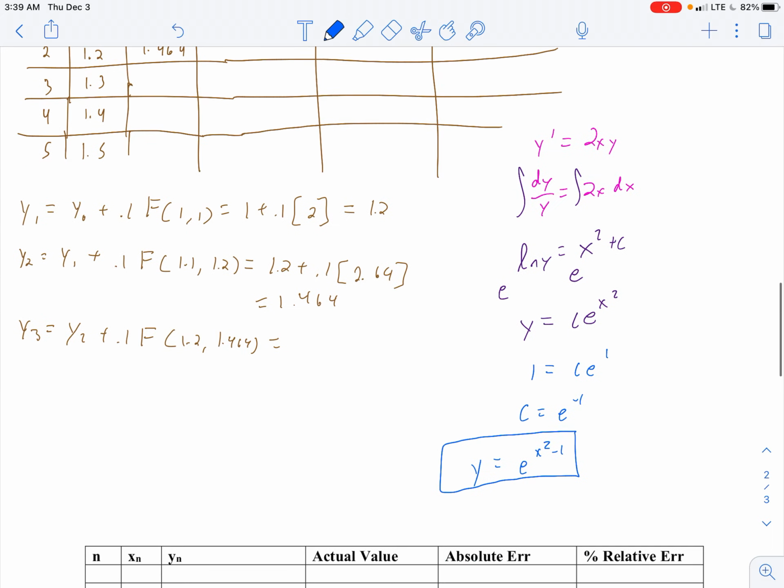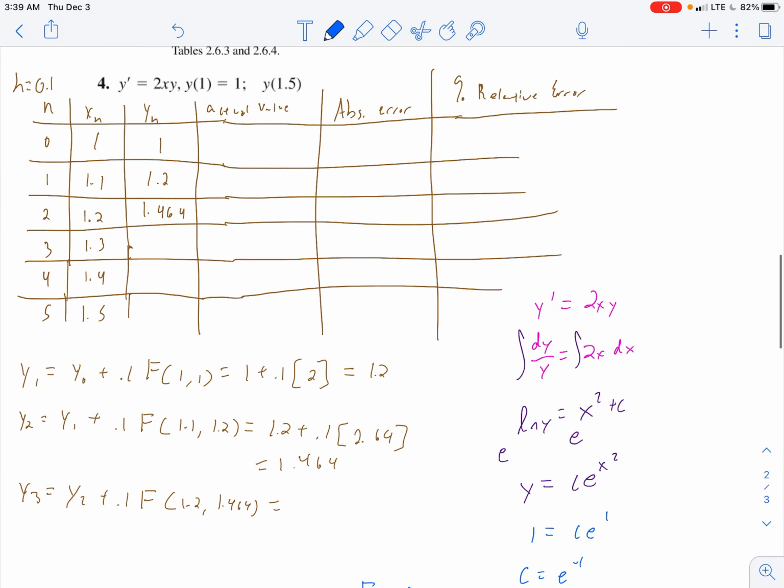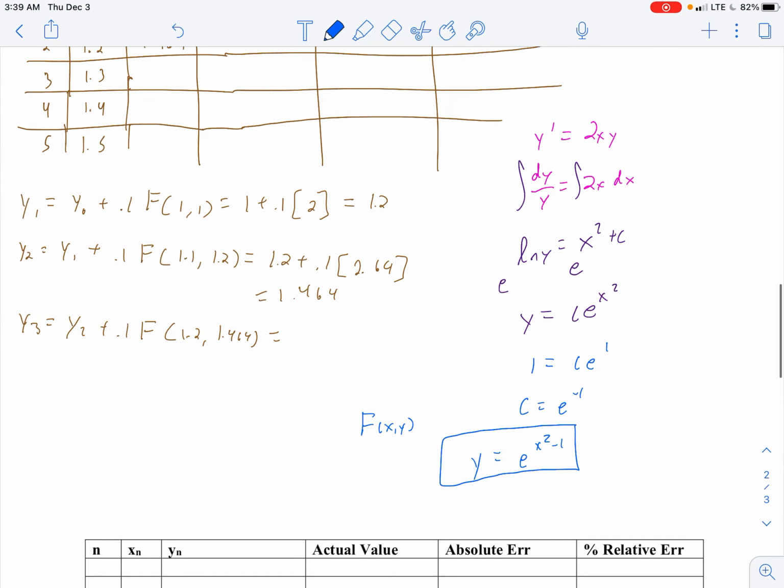So to find the actual value, this is the original f of xy. If we plug 1, 1 in, we're going to get the actual value.